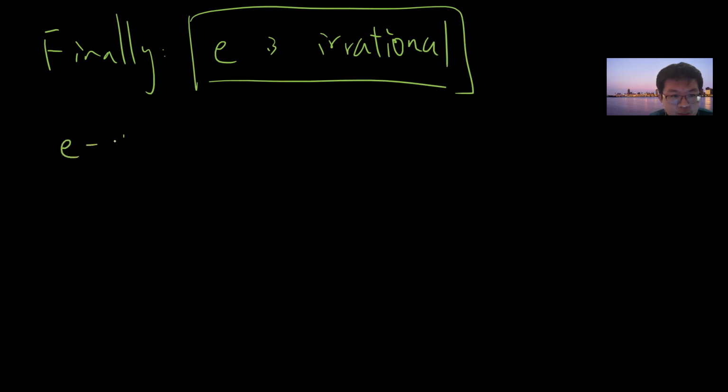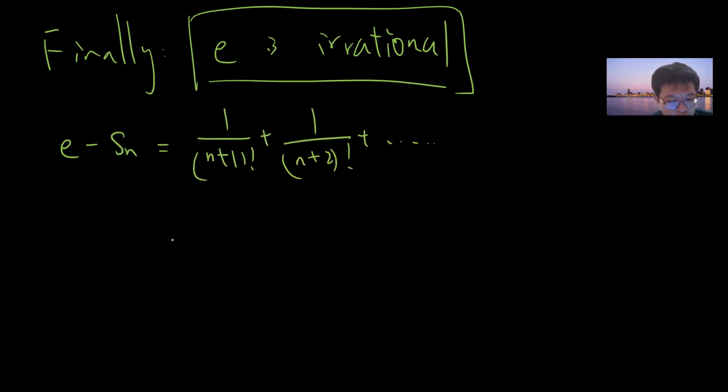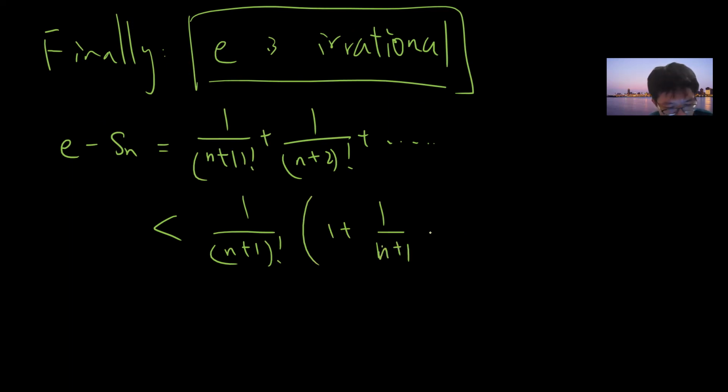Yeah, so E minus Sn, right? So this E minus Sn is just the remaining terms up to infinity, right? So this is less than 1 divided by (n plus 1) factorial, times 1 plus 1 over (n plus 1) plus 1 over (n plus 1) squared, and so on. So this is just 1 over n factorial times n.